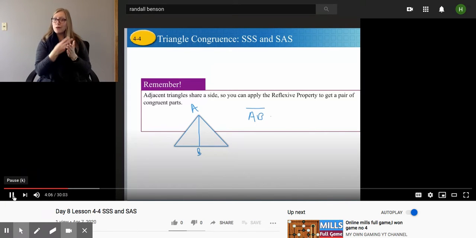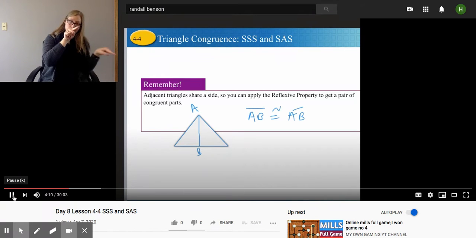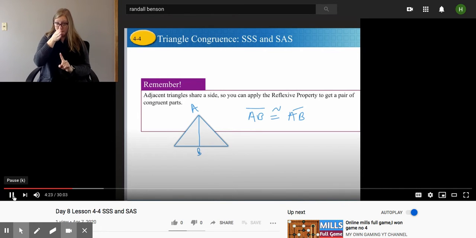So this side AB is congruent to itself, and that's called the reflexive property of congruence. So whenever you have a side that's in both triangles, you can use it as 2 separate sides in your explanation. Continue to go in the order.